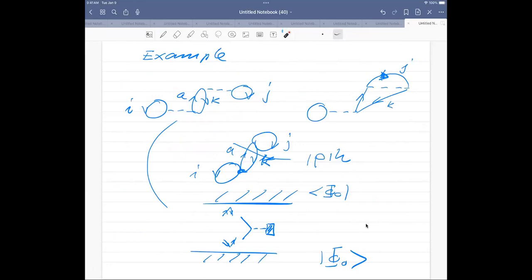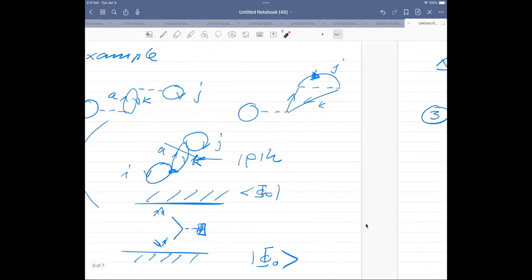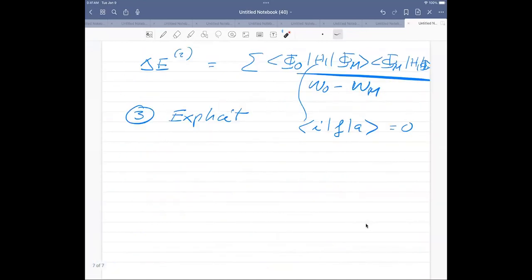So having this kind of diagrammatical approach, where you express all terms to a given order in perturbation theory, allows you to say, okay, with my Hamiltonian and with my basis, there are specific terms which have to be zero. And then I can just focus on few terms, because in principle, if you look at this sum here, that sums over all possibilities. And you have an infinity of such possibilities.